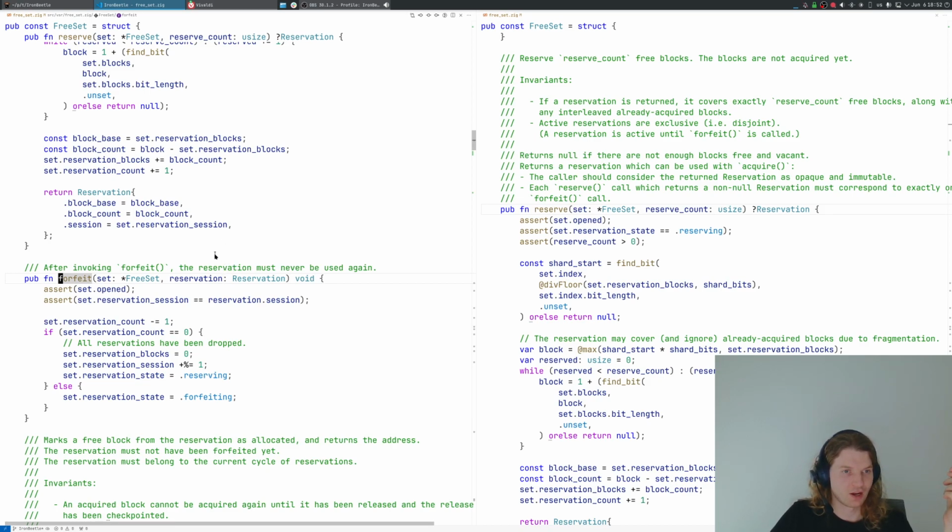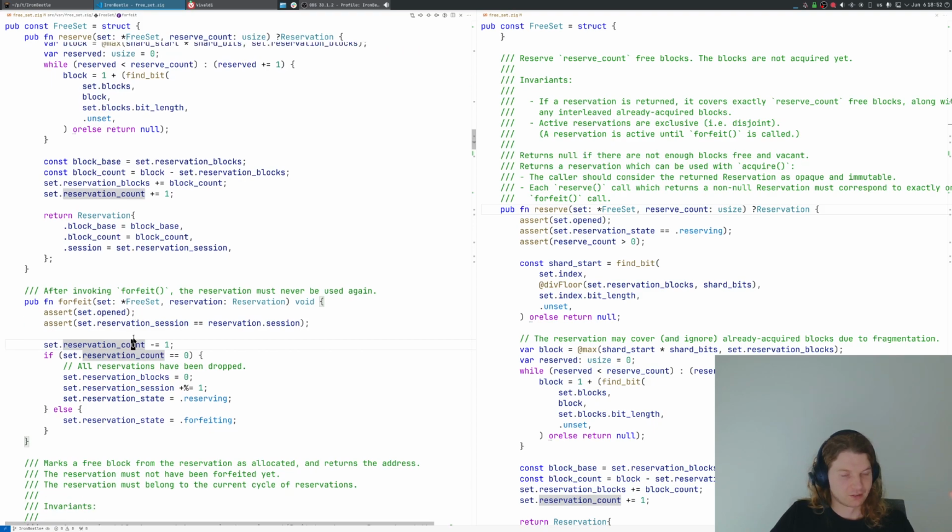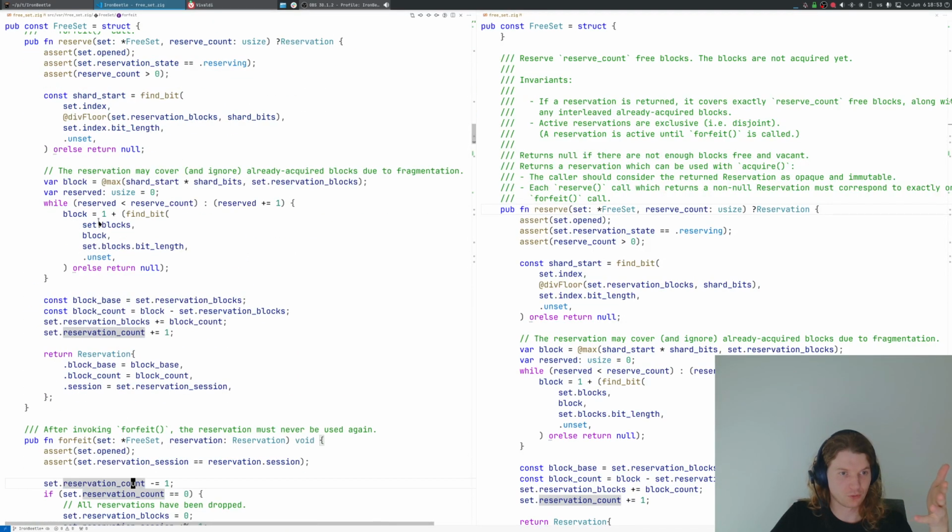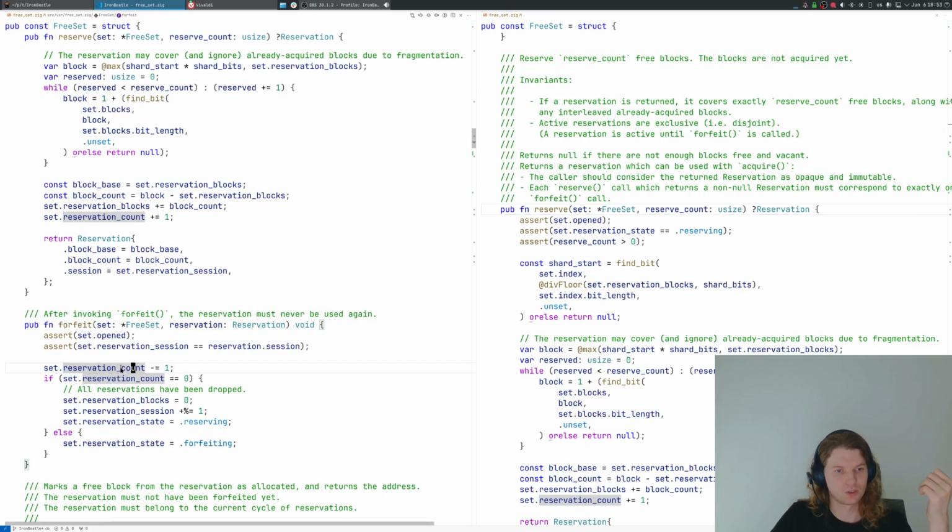So that's why the FreeSet also maintains a reservation count, and it obviously increments this count when we reserve something, and decrements this count when we forfeit something.